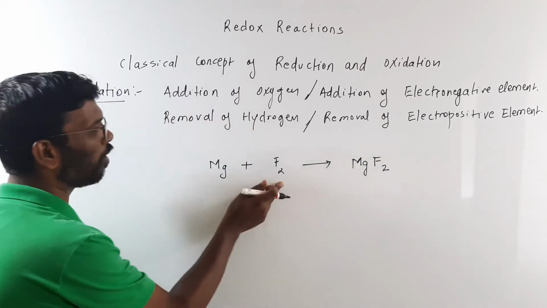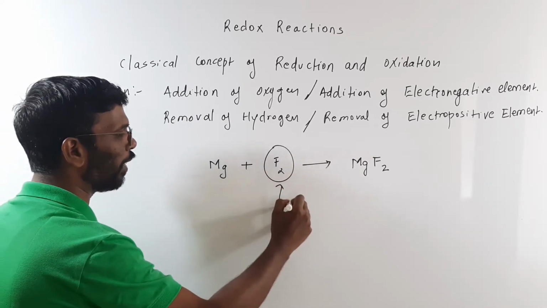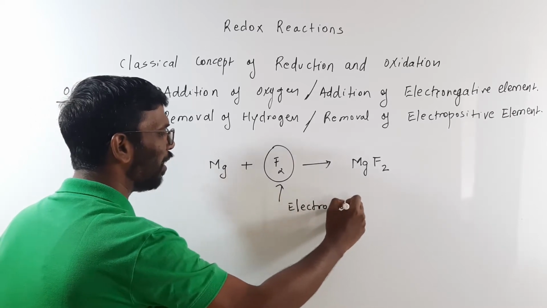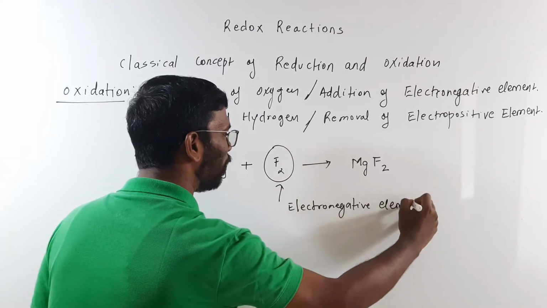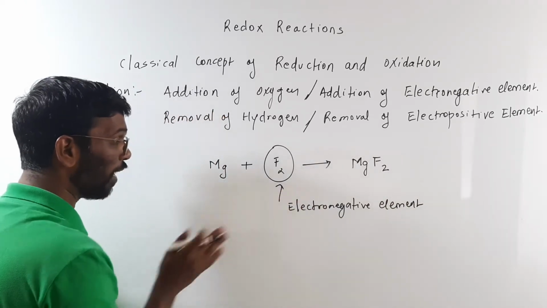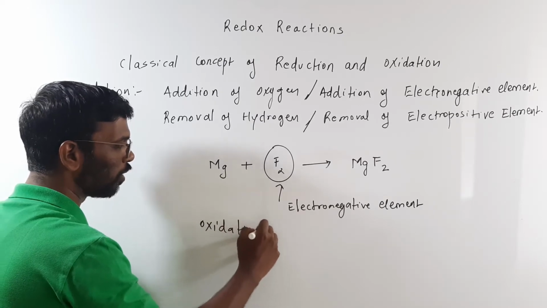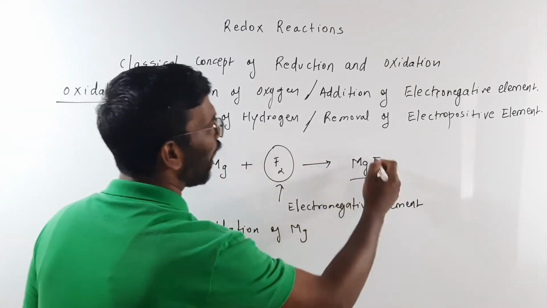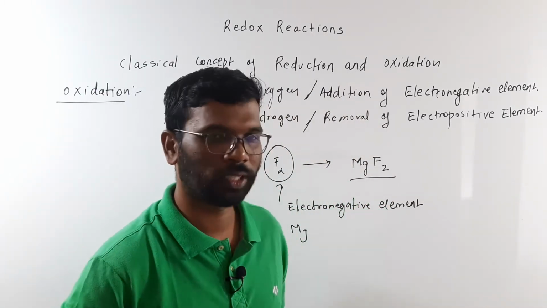This is also an addition of an electronegative element. This is the process where we are saying that there is an oxidation of Mg. After the reaction, F2 is added to the magnesium. So this is the oxidation process.